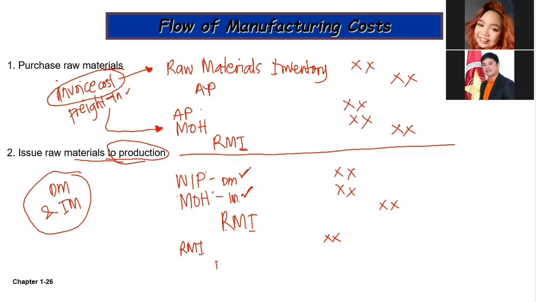So syempre, i-credit mo ang work in process para sa mga direct materials na sinoli mo at i-credit mo ang manufacturing overhead para sa indirect materials na isasoli mo. Okay? I hope that's clear. Hindi po talaga nakadugtong to sa account, nilagyan ko lang ng note. Okay? So yan, so materials yan.